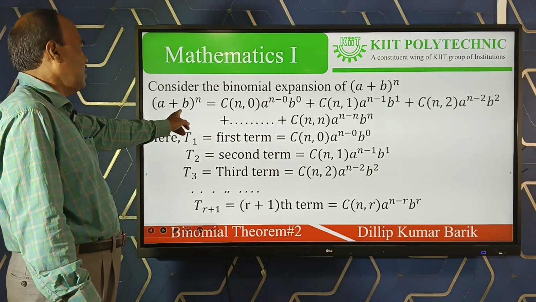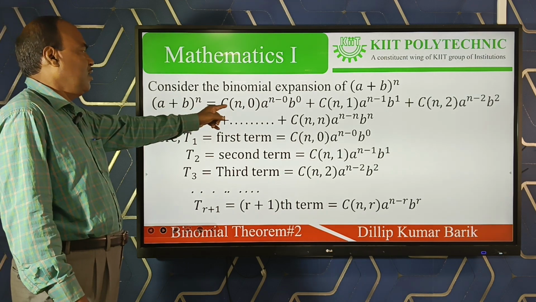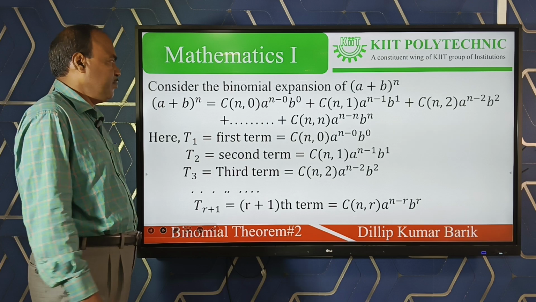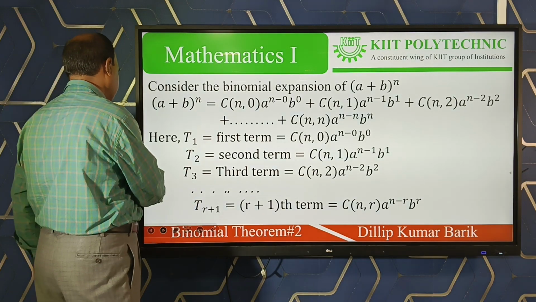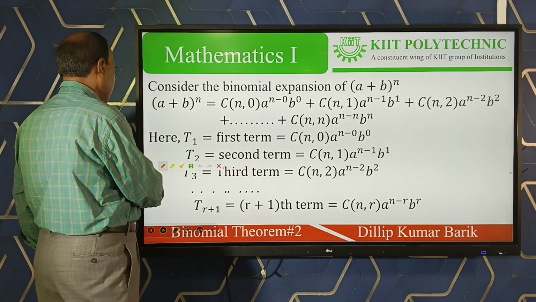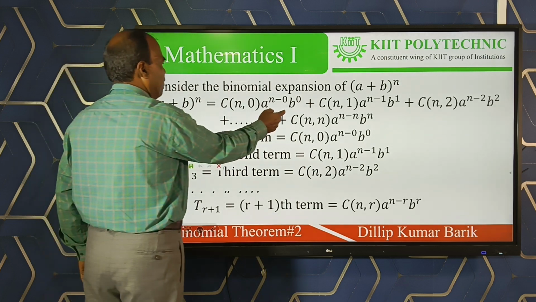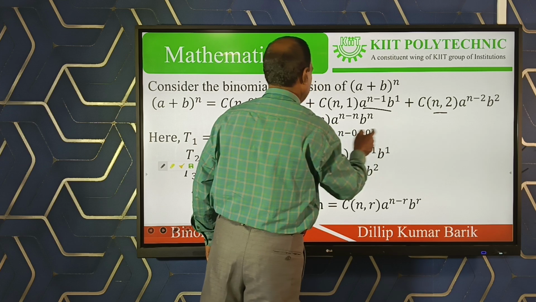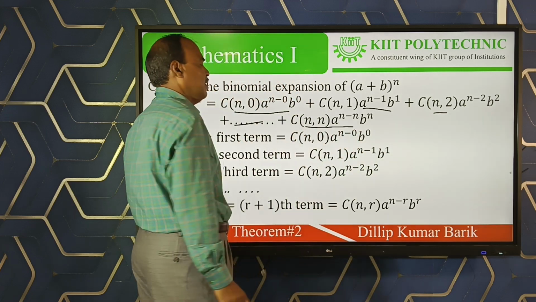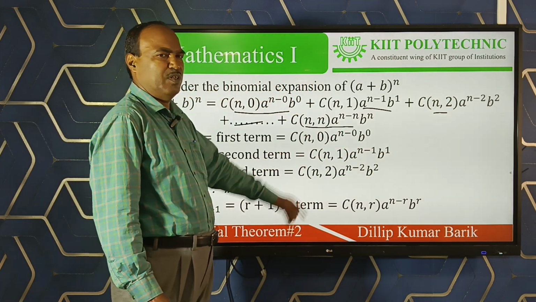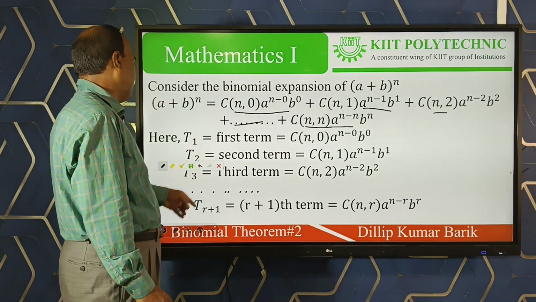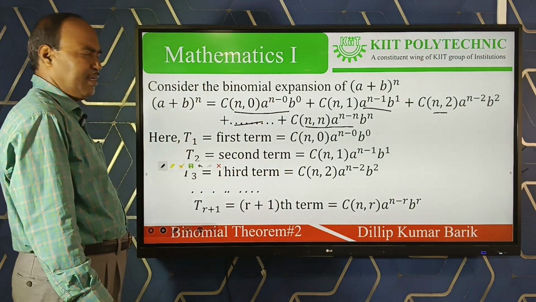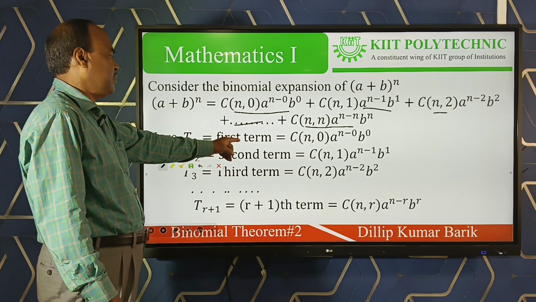Now consider in this binomial expansion how many terms. Now see, this is the first term, this is the second term, this one is the third term, and the last one is clearly the n plus 1th term. I write this one here. Here T1 notation stands for the first term.